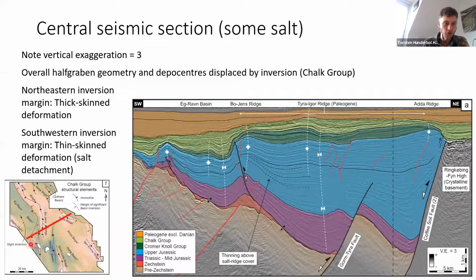And you might also be able to see I've marked with this dashed red line the western margin of what I call significant inversion. You have a slight bit of folding out here during the late Cretaceous, but it's really not much. So that's quite interesting. Thin-skinned structures to the west, verging to the southwest, and the classic thick-skinned buttress fold to the northeast along the master fault.